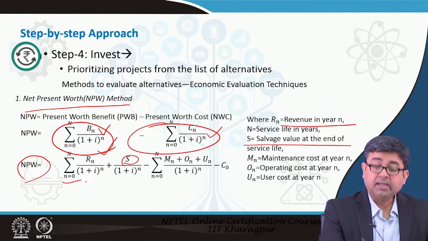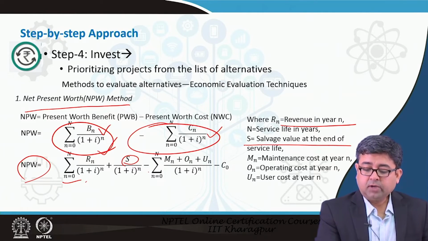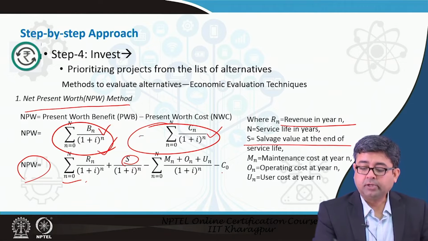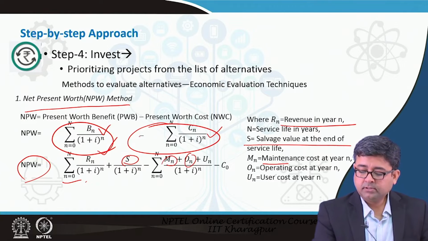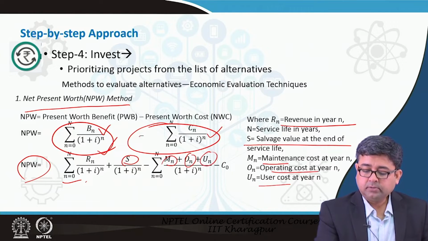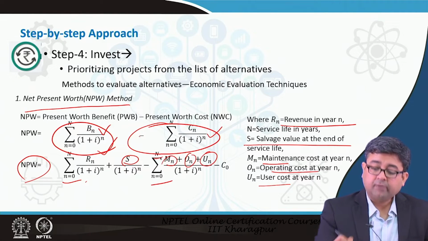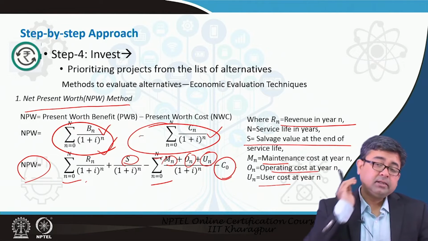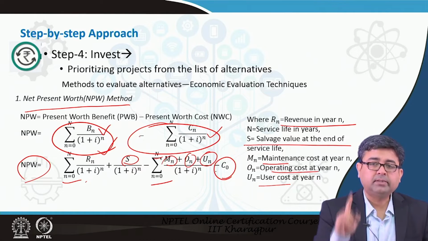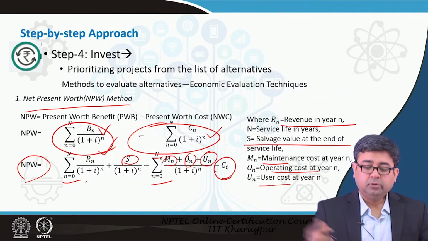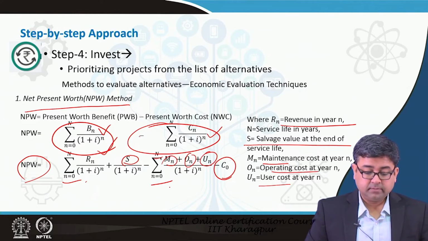So, that is all the money that will come in as a result of the project, whereas you have to subtract some of the costs, the ongoing costs, that is maintenance cost MN, operating cost and user cost UN, and all of this will be ongoing throughout the life of the project, whereas there will be one cost that has to be paid upfront for construction. So, that is also a negative cost, but that is only a one time cost, you do not have to pay it over the lifespan of the infrastructure.